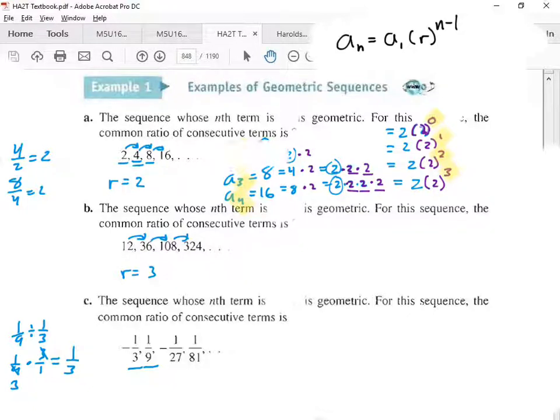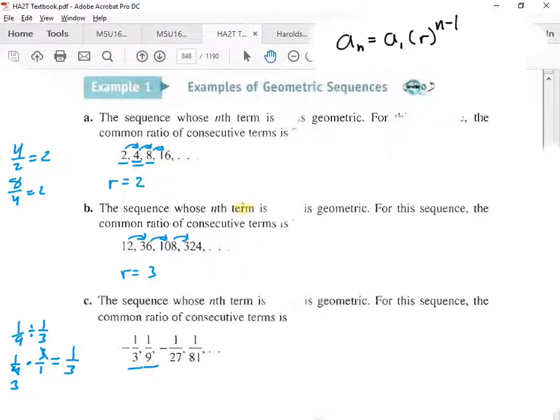Go ahead and ask your question. So how would we write the rule, the nth term for letter A? For this one, you go like this. You would go a sub n equals the first term times the common ratio. What's my common ratio again? Two. And then I raise it to the n minus 1. But that's not our final answer. Magic has to happen.